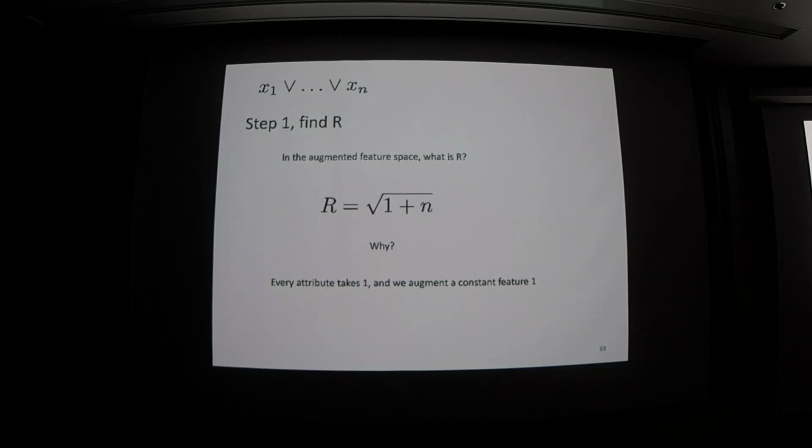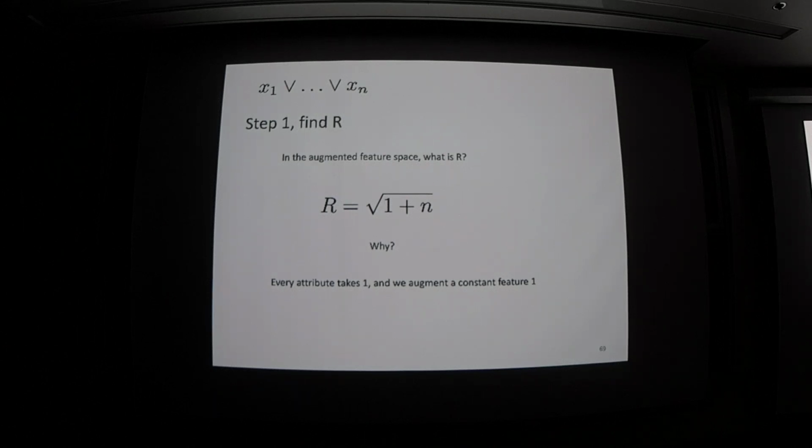Then the distance between the farthest point and the origin is just the square root of 1 plus n. You can imagine it's 1, 1, 1, 1, all of them are ones. Why 1 plus n? Why is it not n? Yes, you have n ones, so it should be the square root of n.